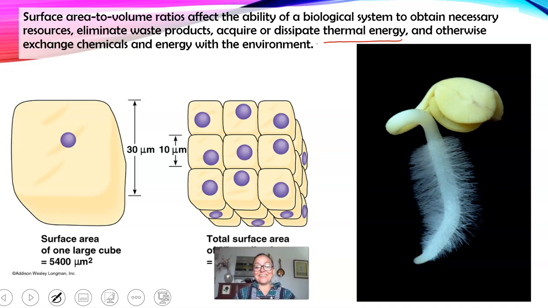Now, one of my favorite little things is when you germinate lettuce seeds or radish seeds. If you go to Home Depot or somewhere that sells seeds, I recommend getting a little packet of lettuce and putting them on some wet paper towel for a few days, and you'll see the little roots start to germinate.